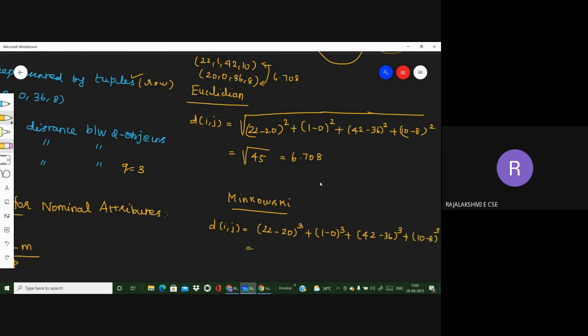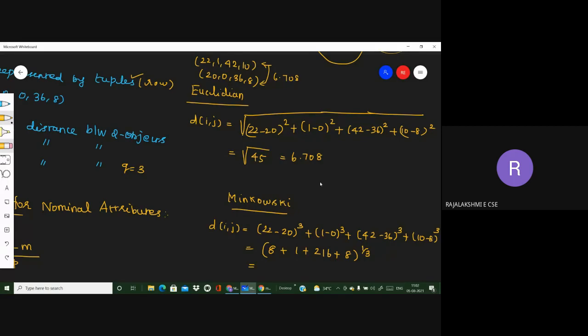So 22 minus 20 is 2, 2 to the power of 3. 2 2s are 4, 4 2s are 8, plus 1, plus 42 minus 36, what is the value? It is 6. 6 6s are 36, 36 into 6? 216.